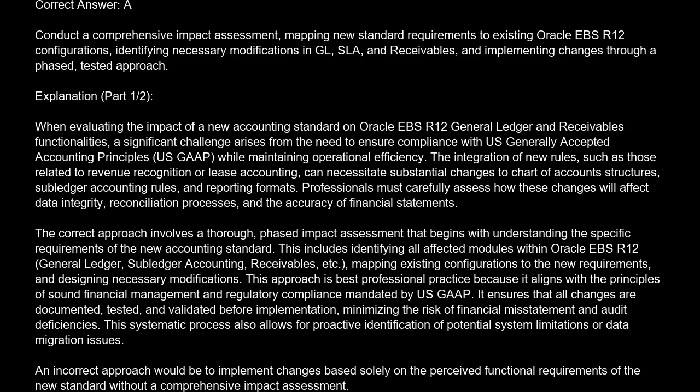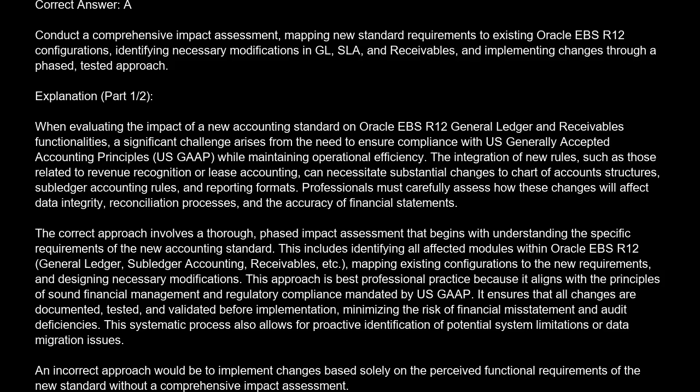This approach is best professional practice because it aligns with the principles of sound financial management and regulatory compliance mandated by U.S. GAAP. It ensures that all changes are documented, tested, and validated before implementation, minimizing the risk of financial misstatement and audit deficiencies. This systematic process also allows for proactive identification of potential system limitations or data migration issues.